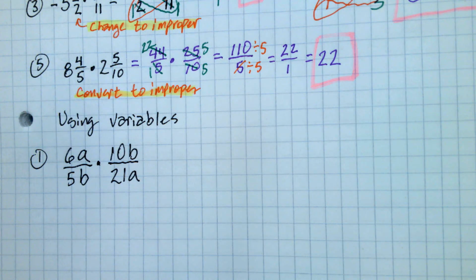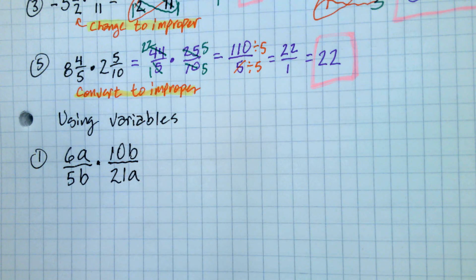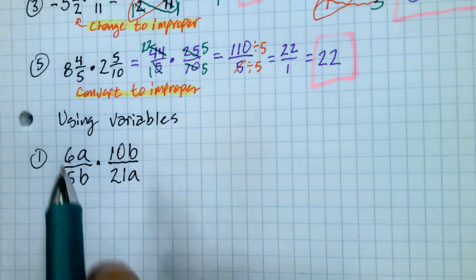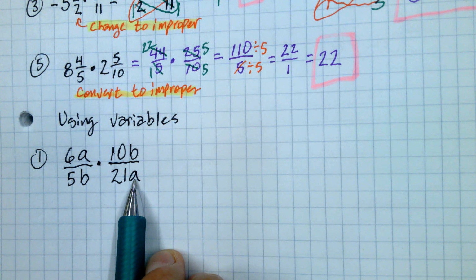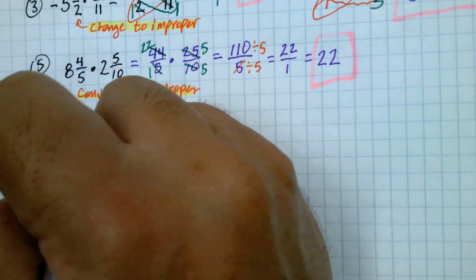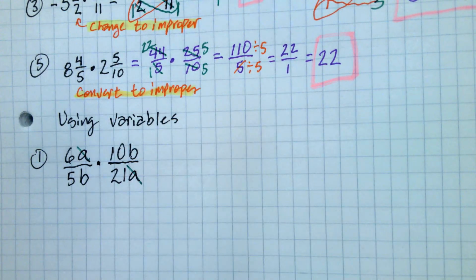And what we can do is we can look across from each other, and if you have a common factor, it cancels. So let me just show you with the first one. I have a here, and down at the bottom here, across from it, I have a. They're common factors. One in the numerator, one in the denominator. So they cancel out, they divide out. I can do that.